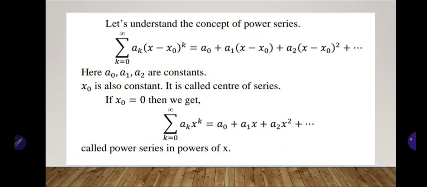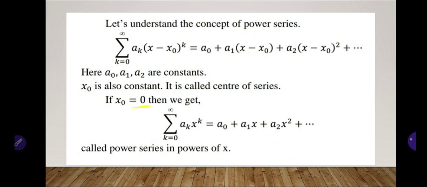Here this a0, a1, a2 dot dot dot up to ak, these are all constant terms. Also this x0 is also a constant term, and this x0 is called the center of the series.